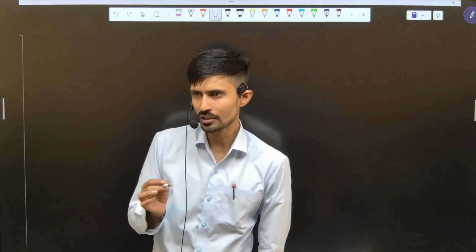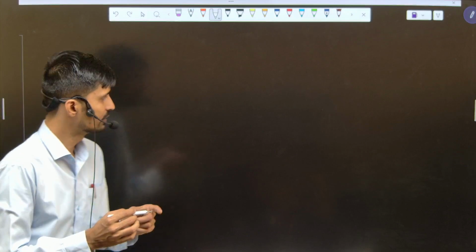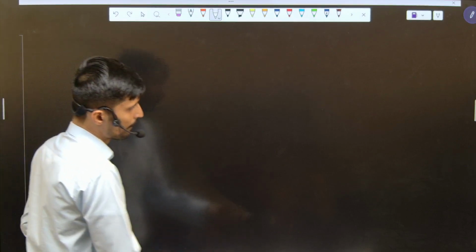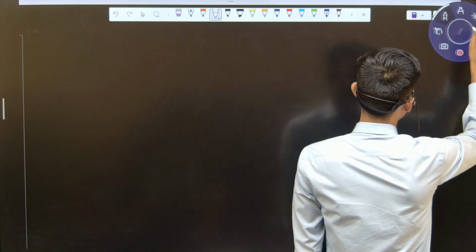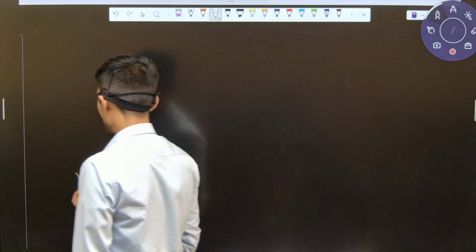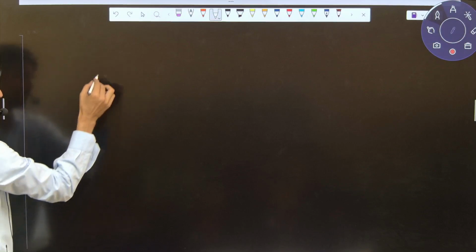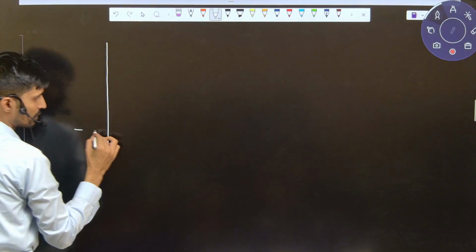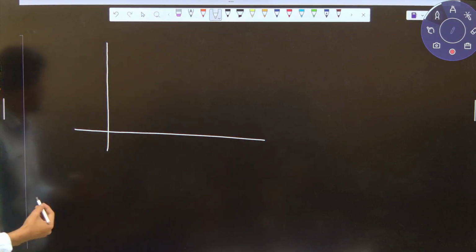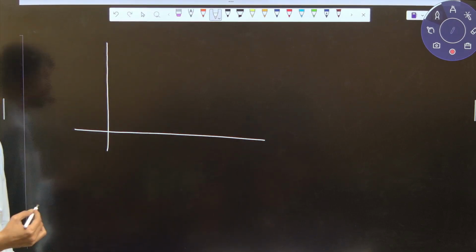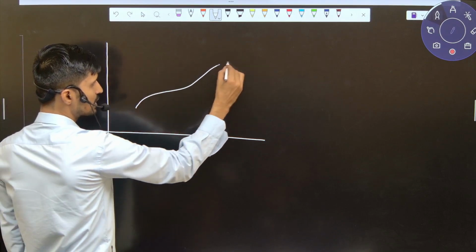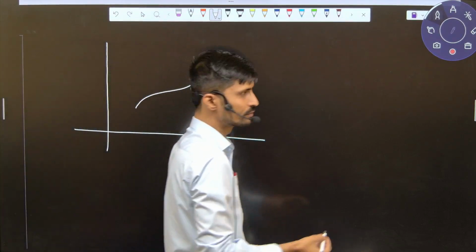Okay, so first of all, let's understand continuity. First of all, I will go to the graph, then only you will understand. Okay, see, this is some random graph I have drawn.